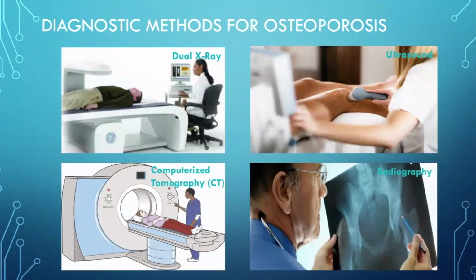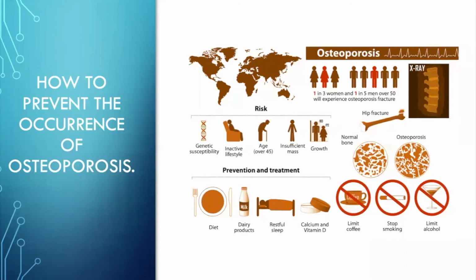There are various methods for diagnosing osteoporosis: dual energy X-ray absorptiometry, which measures bone mineral density, ultrasound, computerized tomography, and bone radiography. Osteoporosis can be prevented or at least delayed by minimizing the factors that you can control.